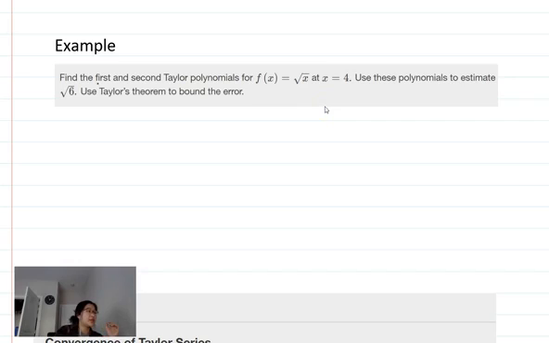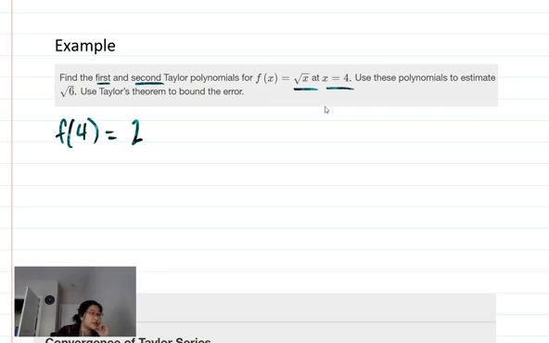So we need our first and our second Taylor polynomials for root x at x equals 4. So we're going to make our chart. F of x, and when is this happening? At 4. F of 4 is going to give us 2.